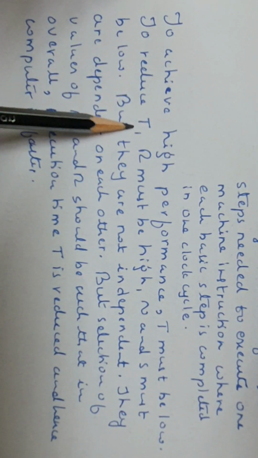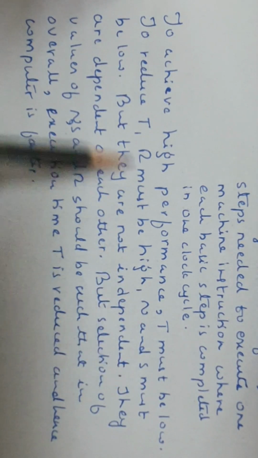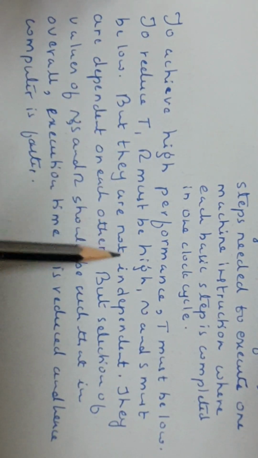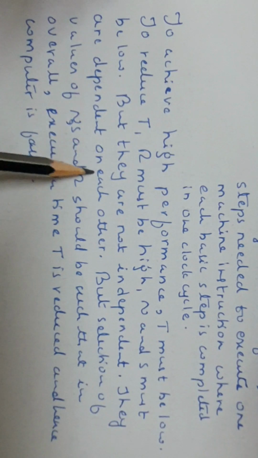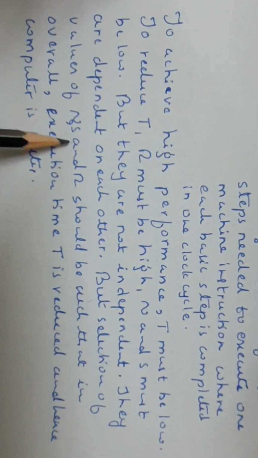To reduce time T, R must be very high, and N and S must be very low. But they are not independent. They are dependent on each other. But the selection of values of N, S and R should be such that overall execution time T is reduced and hence the computer is faster. That is the basic performance equation and discussion on the parameters involved.